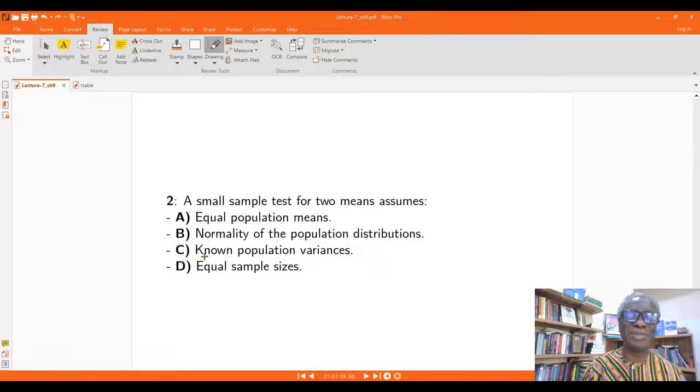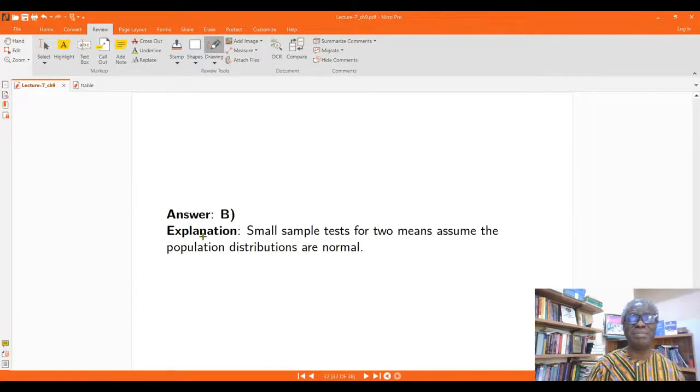It assumes known population variances, equal sample sizes. So you will see that the correct answer in this case is B. A small sample test for 2 means assumes the population distributions are normal.